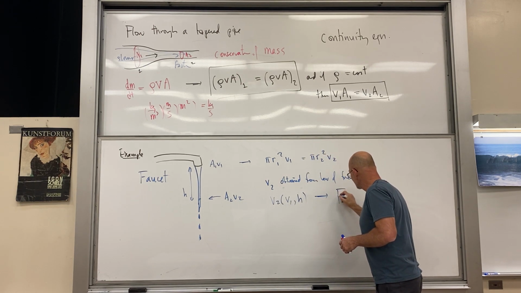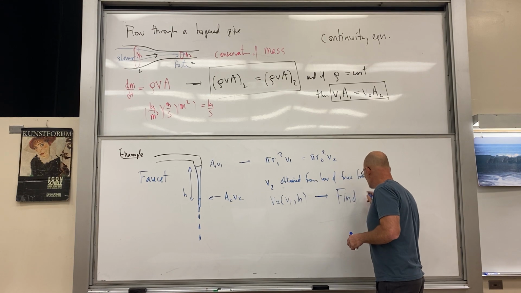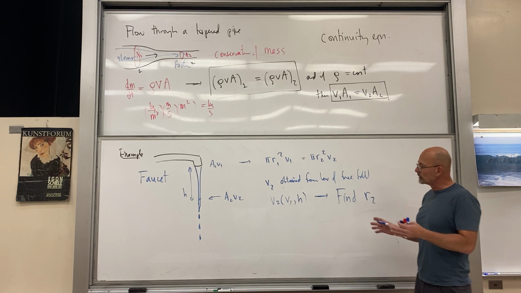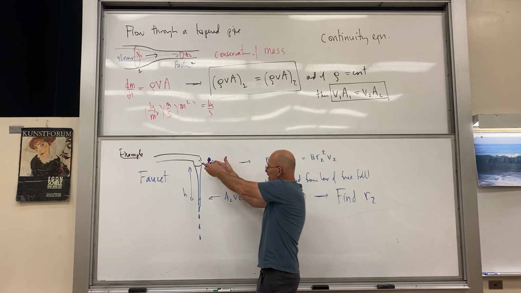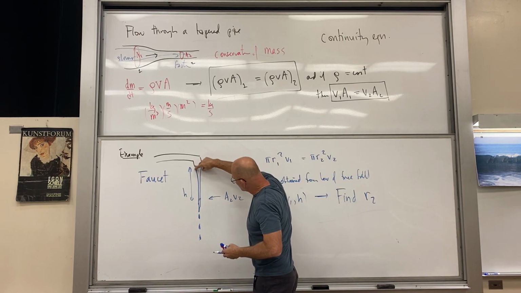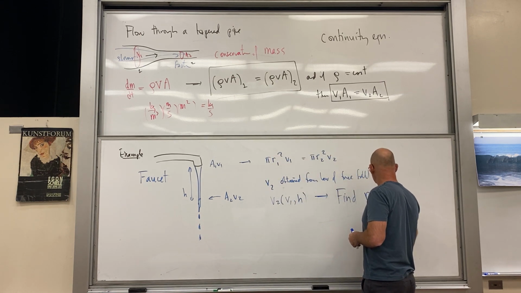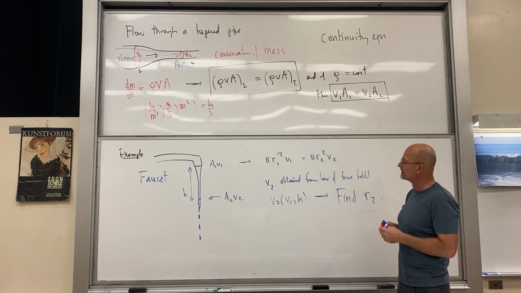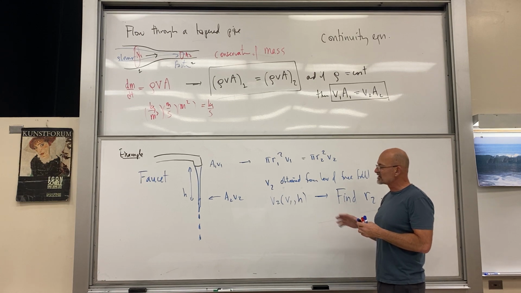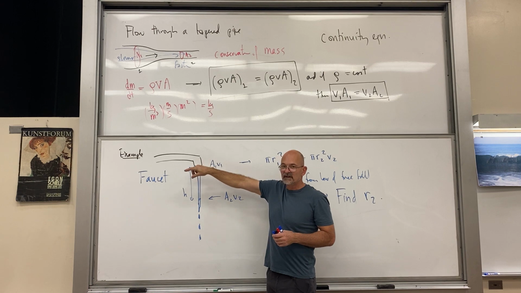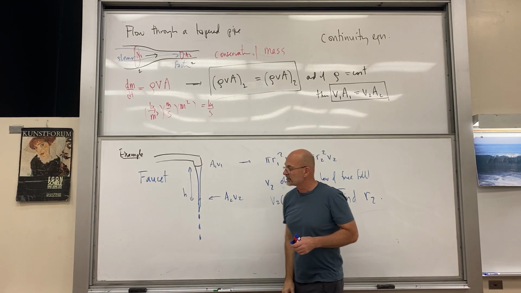So find R2, and therefore you have the function that describes the curve that describes this taper here. Okay. R2. Boom. So that's an interesting problem. And if you actually experiment with your faucet, it's hard to get a perfect trickle, but you can often set up a pretty good one.